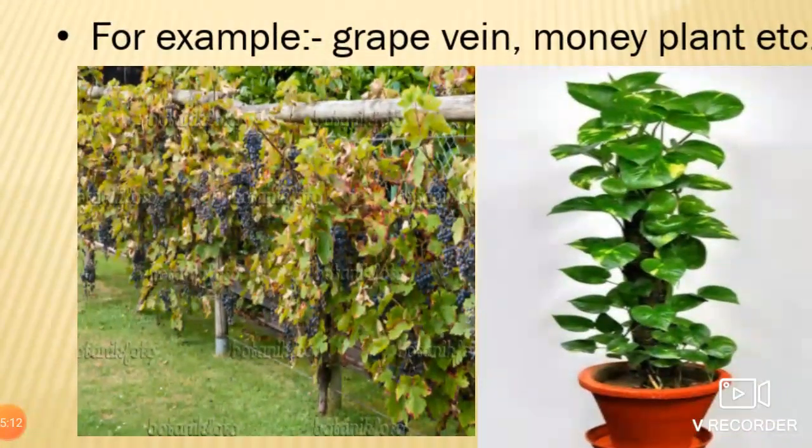This is the grapevine, and money plant is the best example of climbers. Climbers have tendrils to hold and support. Tendrils are like coils attached to their stems, and these tendrils roll up these sticks and help the plant to stand straight.